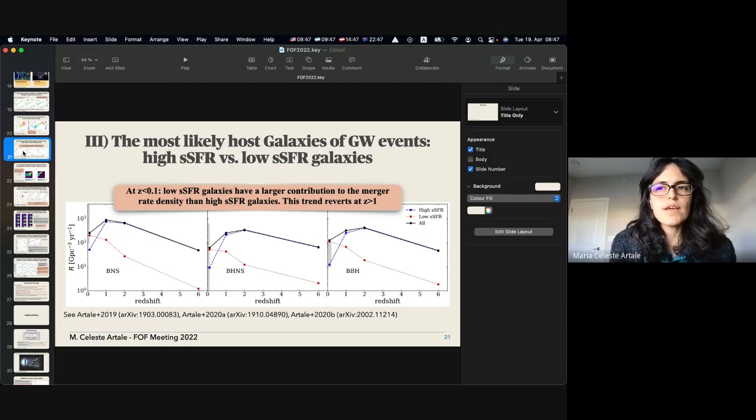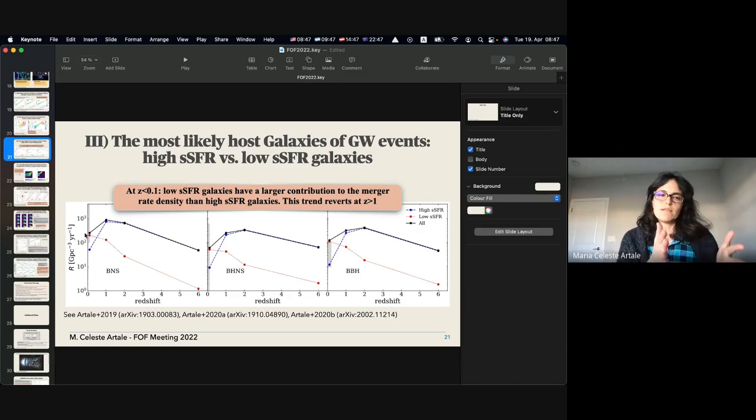Yeah, this is in fact also connected with the delay time distributions, right? First, the stellar mass is the main driver, as we said. At low redshift, we have a very wide range of binary compact objects with different delay times, and they are placed in early type galaxies.